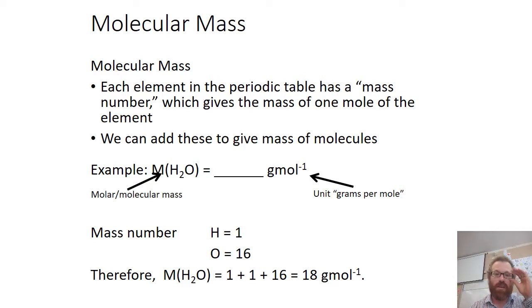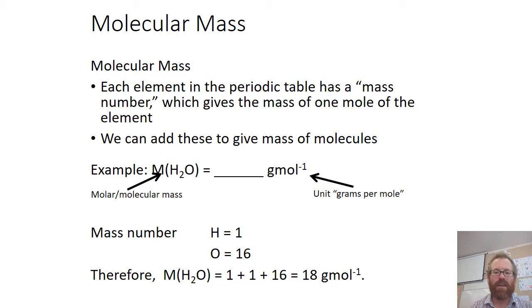We also focused on this thing called molecular mass, because not only do we have atoms, we also have molecules and compounds, and these are when atoms are bound together to form these different substances. And we can work out how much one weighs, or what the mass will be, from this thing called the molecular mass.